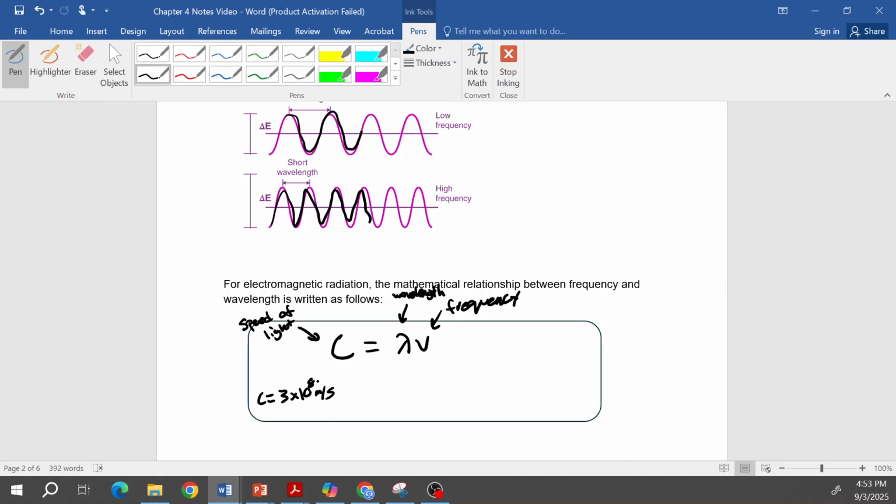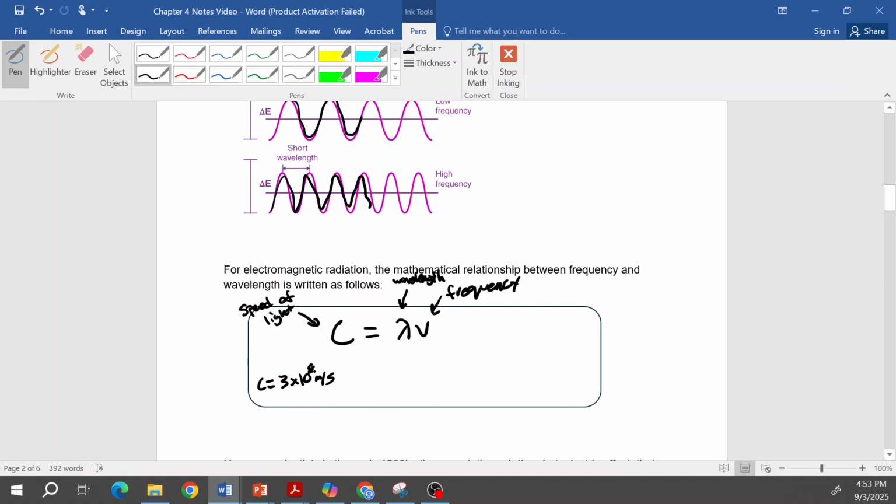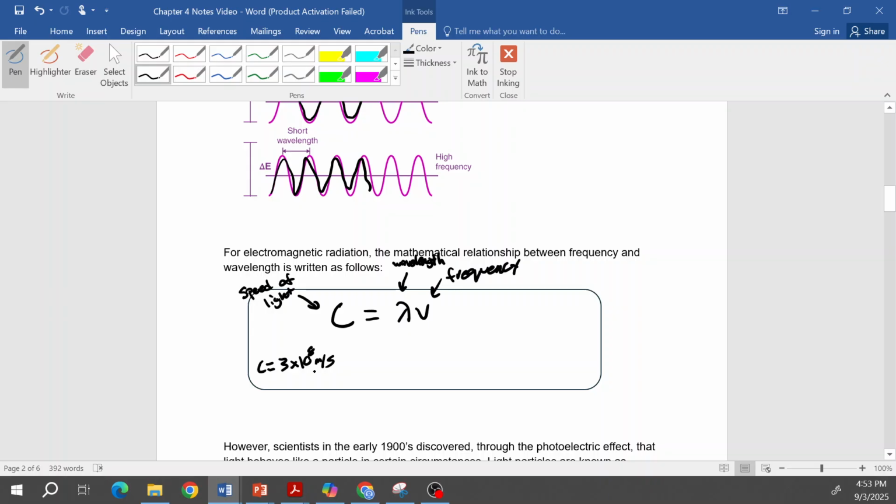Okay, we can rearrange formulas, by the way, to solve for whatever it is that I'm looking for. So if my question asks me to find the frequency, then all I have to do is solve for v. I can solve for v by dividing by lambda.